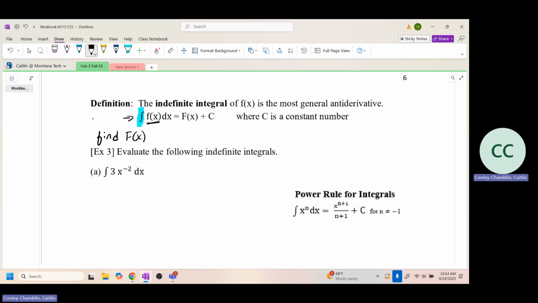That symbol highlighted in blue is the integral. And we call it indefinite because there's no little numbers attached to it. We'll see those in our next lesson. This lesson is going to consist of 2 videos, but our next topic of discussion is definite integrals, so you'll see the difference. But that symbol itself is an integral. And so when I put an integral of a function, I'm saying find the antiderivative for me.